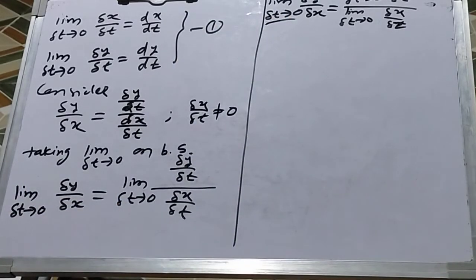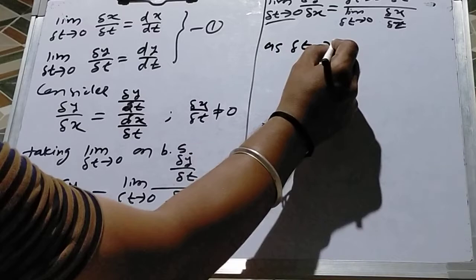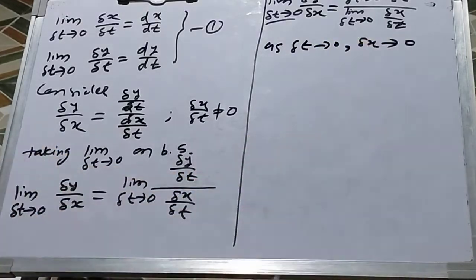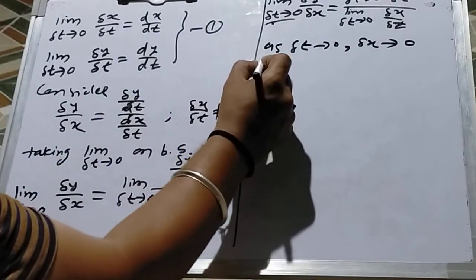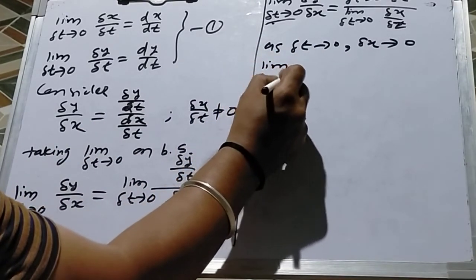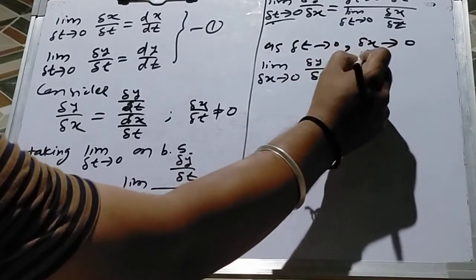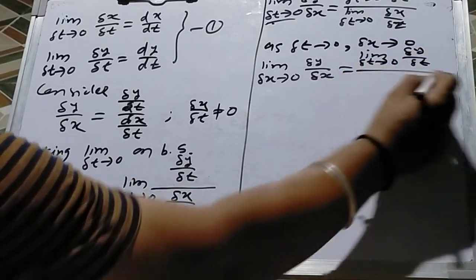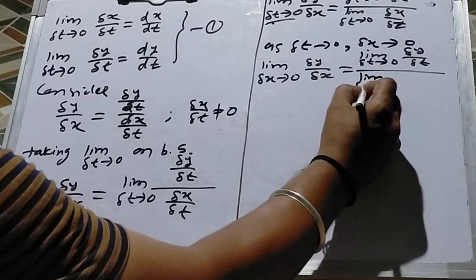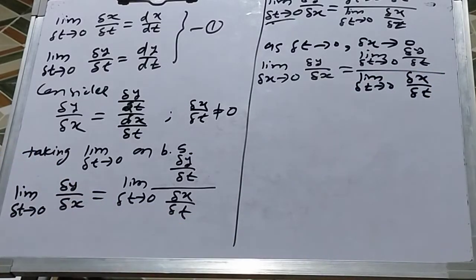Now as x is a function of t, as delta t tends to 0, delta x also tends to 0, so we replace this limit by delta x tends to 0. So limit delta x tends to 0, delta y by delta x equals limit delta t tends to 0, delta y by delta t divided by limit delta t tends to 0, delta x by delta t.